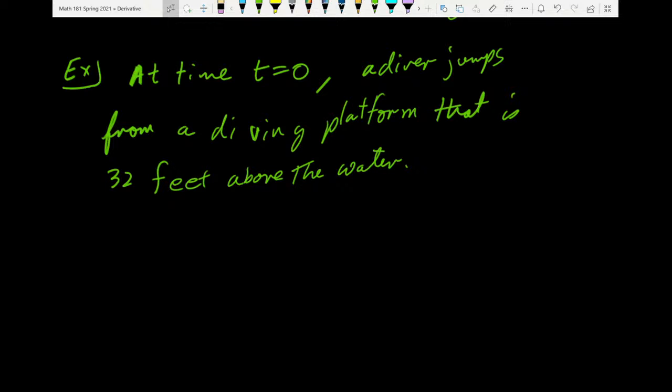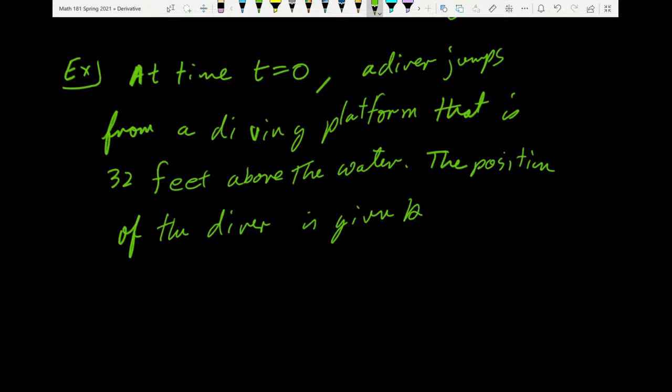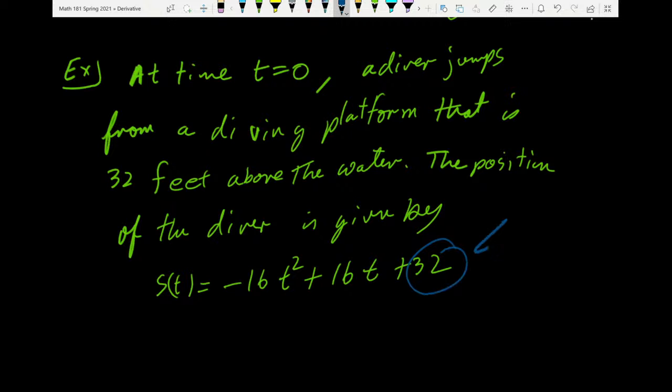All right, let's see the problem. The position of the diver is given by S of t equals negative 16t squared plus 16t plus 32. I want you to notice this one right over here. That's the 32 feet above the water.